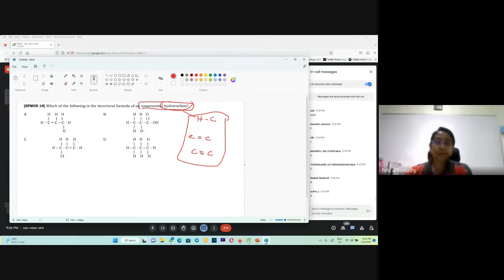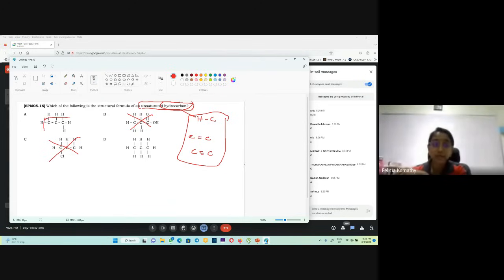So go and look. The moment you see O there, you can cancel it because O is not hydrocarbon. If you see other elements beside carbon and hydrogen, you can cancel it. So you can cancel off B and C because they have elements other than carbon and hydrogen. And then you narrow down your scope. It's unsaturated, so must have a double bond.